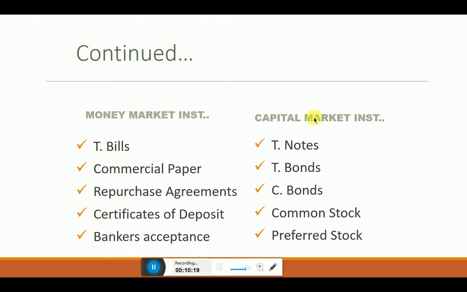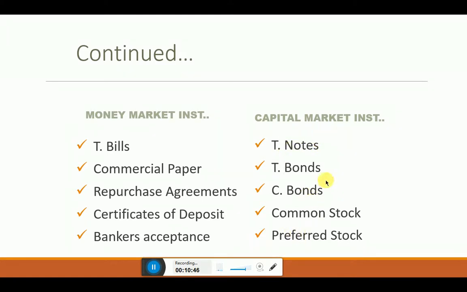Some are issued in order to do equity financing and some are issued in order to do debt financing by the organizations. Similarly, we have capital market instruments. There are 5 commonly or widely or mainly used financial instruments. They are issued by the organizations in order to do long-term financing, right? Long-term equity financing or long-term debt financing.